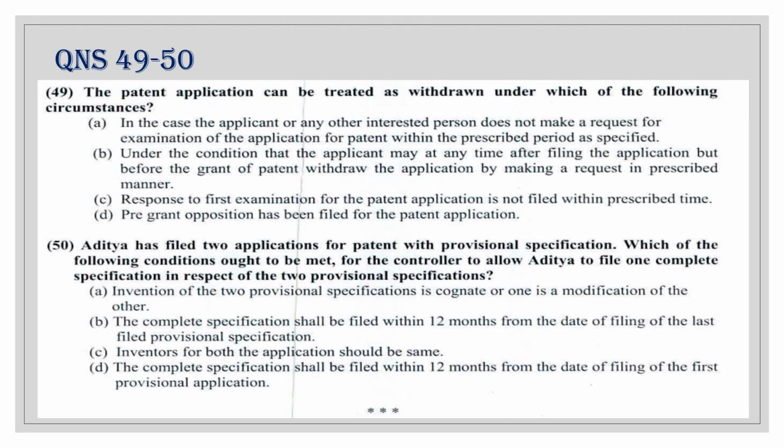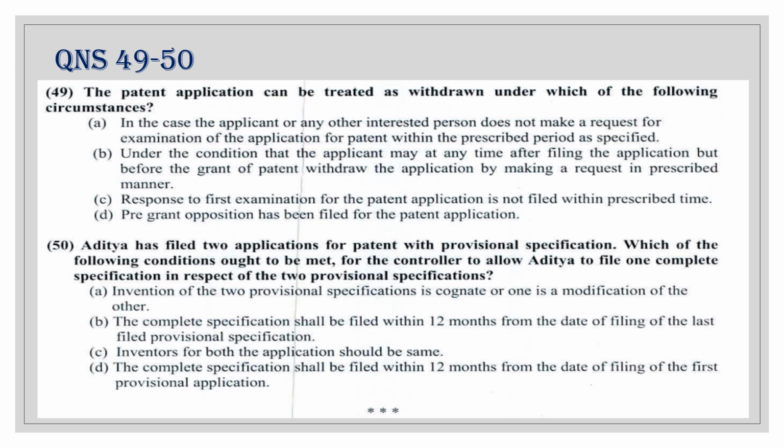Question number 49. The patent application can be treated as withdrawn under which of the following circumstances? Option A is in the case the applicant or any other interested person does not make a request for examination of the application for patent within the prescribed period as specified. Option B, under the condition that the applicant may at any time after filing the application but before the grant of patent withdraw the application by making a request in the prescribed manner.